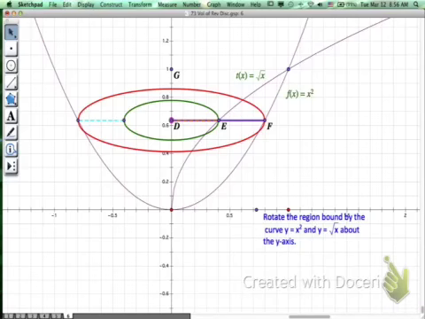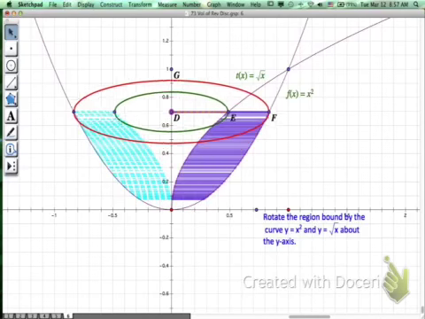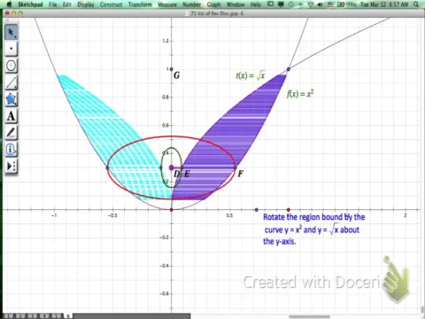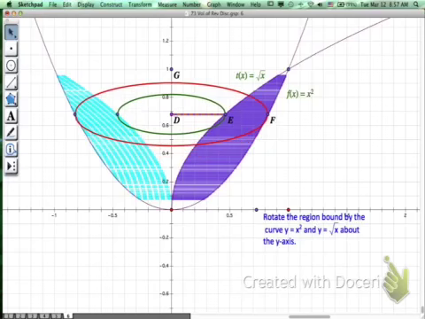This one's being rotated around the x-axis, and so my radii are drawn perpendicular to the y-axis. If we look at the reflection then that's caused, notice we're going to get the same shape on both sides. So if you know what it looks like between the curves, you just reflect that over the axis as your first step.